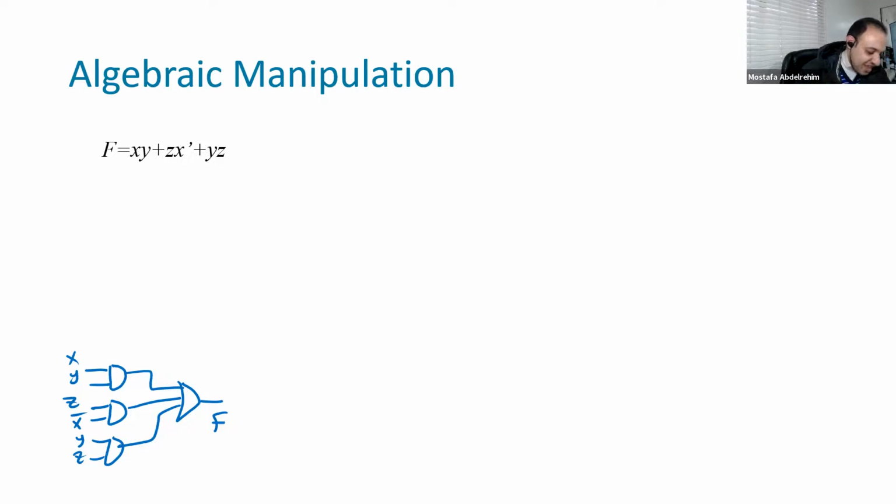Let's see. What we're going to do here is AND yz with x or x bar. Remember, x or x bar is just 1, and yz dot 1 is just equal to yz.